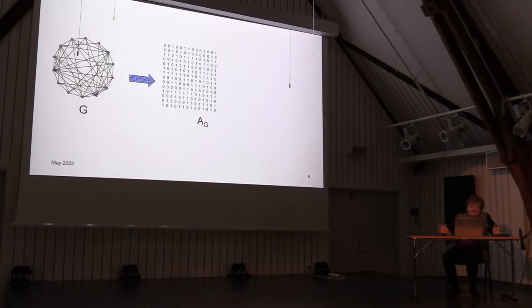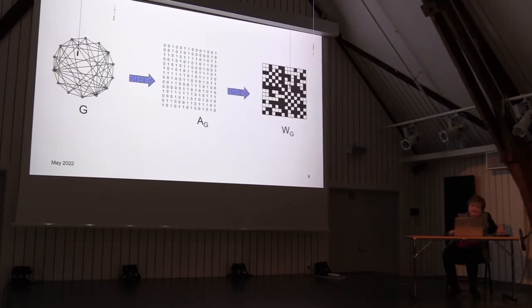It's an n by n matrix with zeros and ones. Since there are no loops, in the diagonal there are zeros, and in the ij position you put a 1 if nodes i and j are connected.